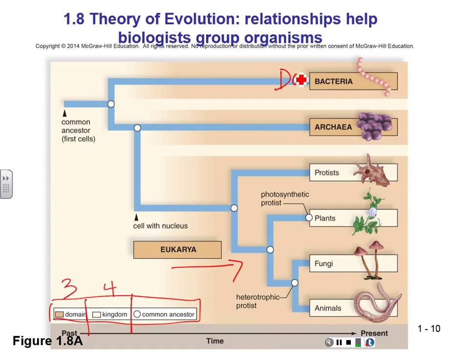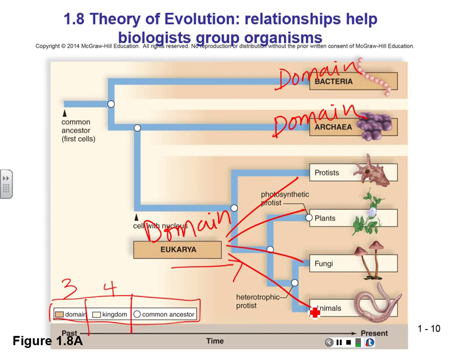So this is a domain, this is a domain, this is a domain. And then within eukarya we have 4 kingdoms. These have their own kingdoms. We just don't worry about them as much when we're talking about biology. You would go into a specialty if you really wanted to learn and talk about all the kingdoms within bacteria and archaea.